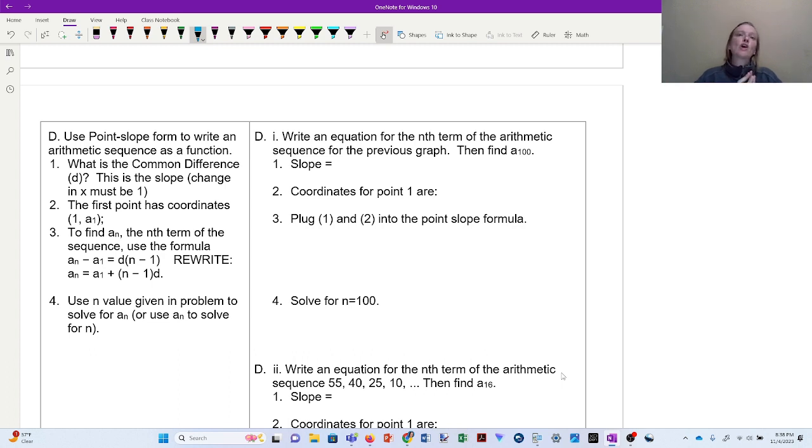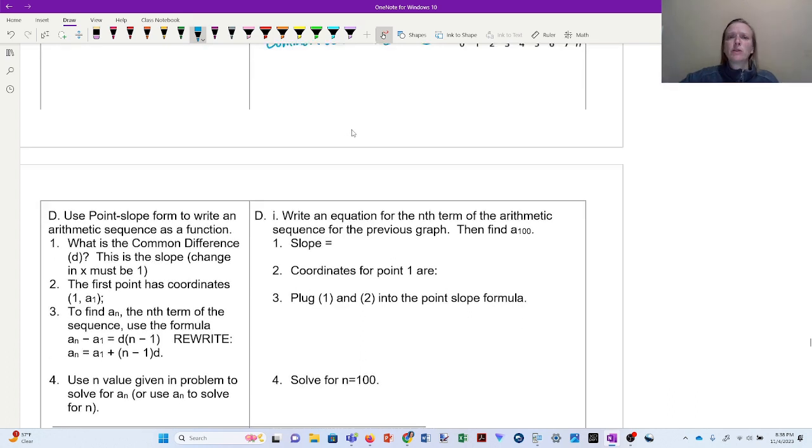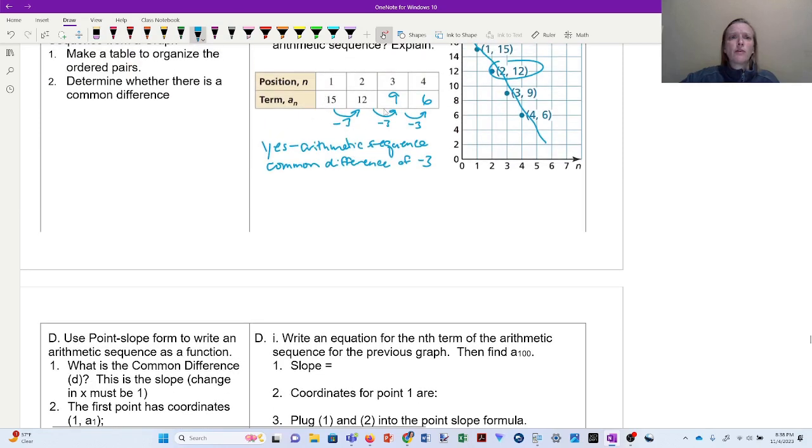How do you write an equation for the nth term, whatever term it is that you want, of an arithmetic sequence? So we're going to start here with the previous graph where we were going down by 3 for each step.